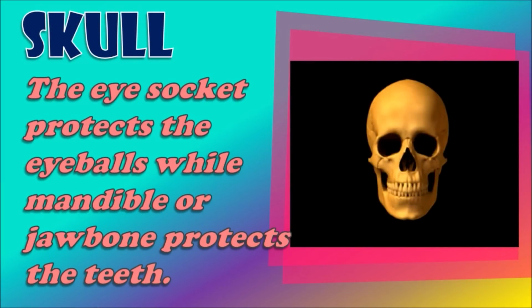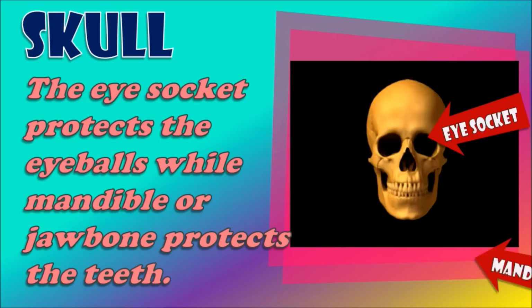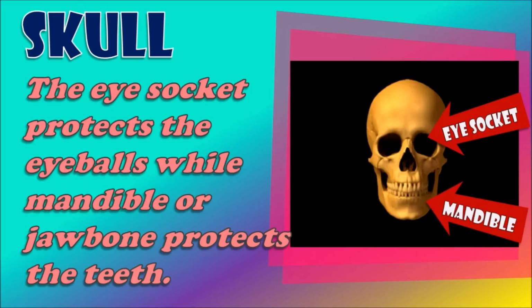Look at the 2 eye sockets in front of the skull. The eye socket protects the eyeballs, while the mandible or jawbone protects the teeth.